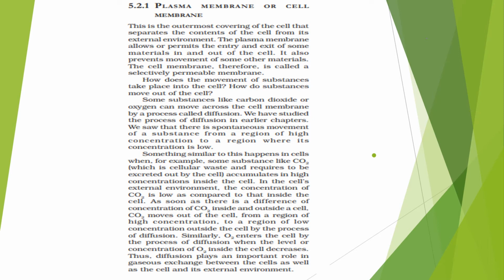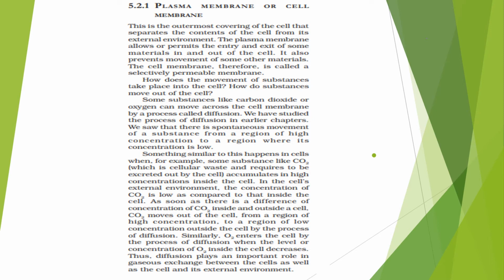So it goes outside from the cell by the process of diffusion, because carbon dioxide is a gaseous material. So how does carbon dioxide go from inside to the outside of the cell, and how does oxygen go inside the cell?